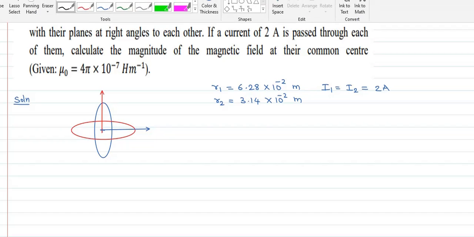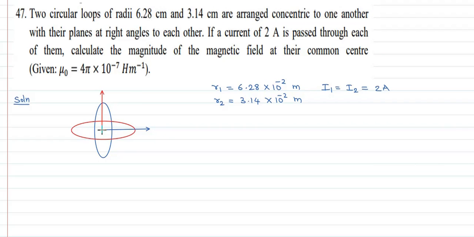So both these are perpendicular. So the resultant you will have at the center. I will write this as B resultant or B net, or you can say resultant magnetic field BR.